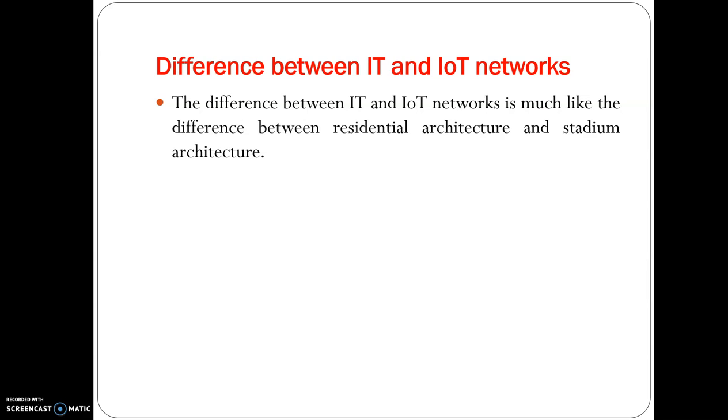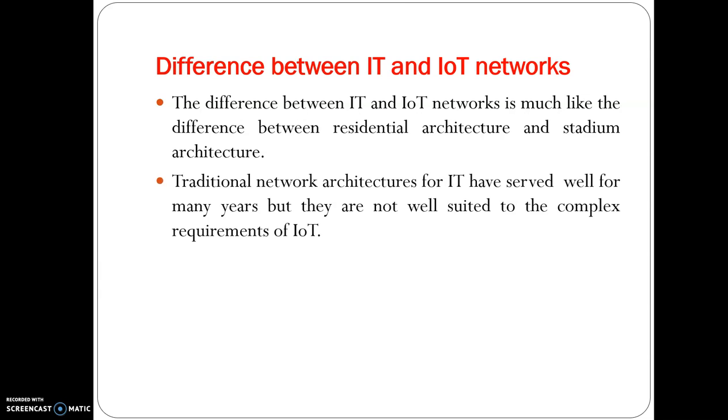Both are different. The architecture plan required for any bungalow or flat, that is a residential architecture scheme, is completely different from what is required for any mall or stadium. I think you might be getting why I am focusing on the two networks. I want to show that those two networks are really different from each other.